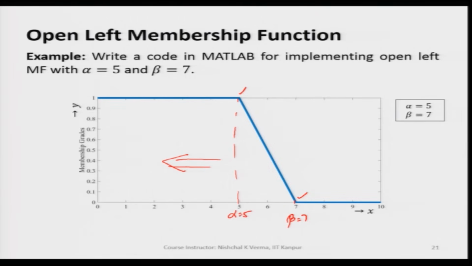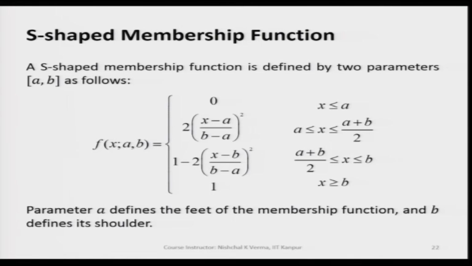So, left of alpha equal to 5, the membership function will have membership values equal to 1.